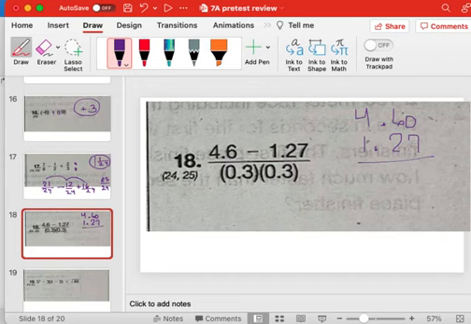Okay, so we're going to subtract, make this a 5, make this a 10. 10 take away 7 is 3, 5 take away 2 is 3, and 4 take away 1 is 3. So we have 3.33 on the top, okay?